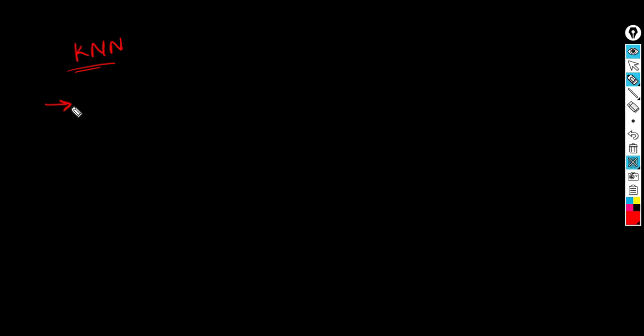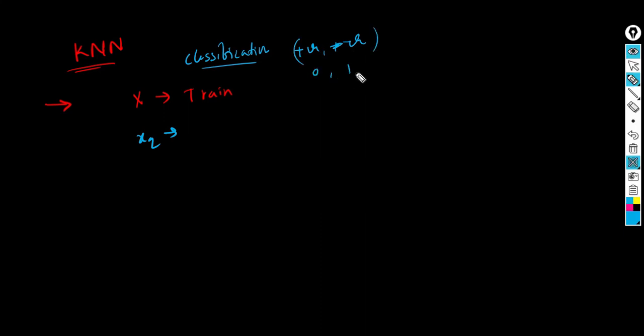Basically KNN uses the nearest neighbor approach. For example, if we have data X, we will train on the data, then after training we will give the query point. Suppose it is a classification task with two classes, positive class and negative class, 0 or 1.